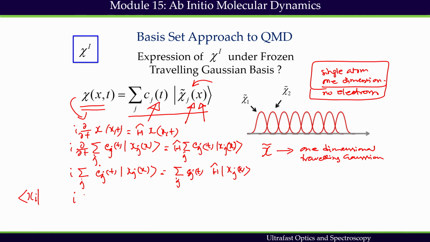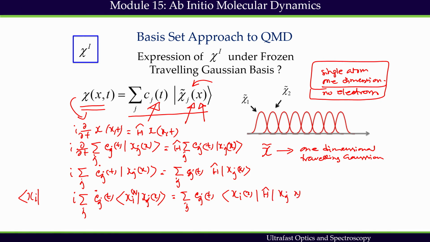So I can rewrite this expression as the integral of chi_i(x) times the time derivative of c_j, equals the summation over j of c_j(t) times the integral of chi_i(x) h chi_j(x).